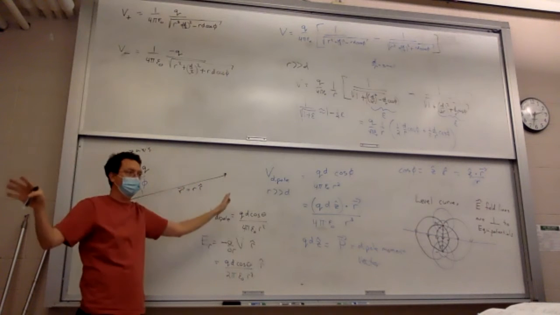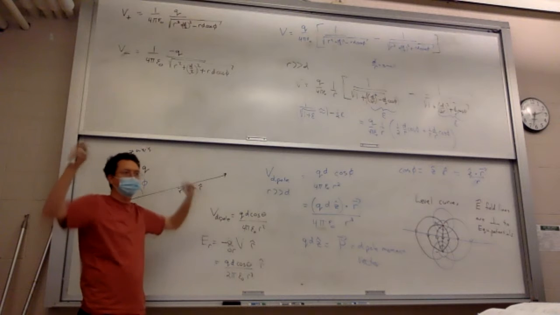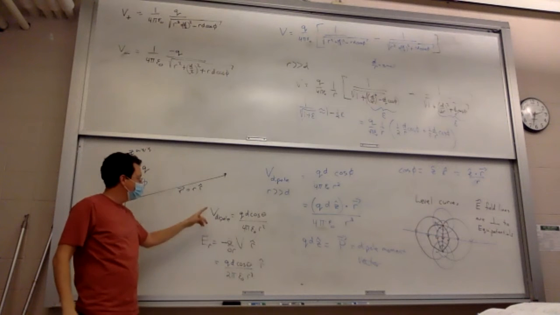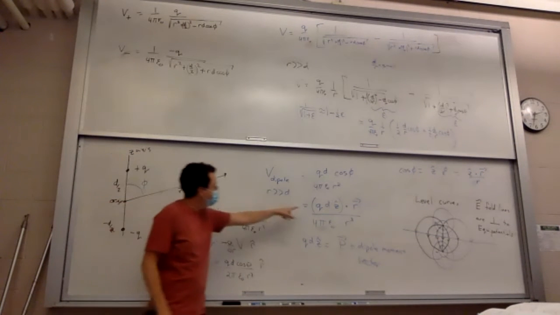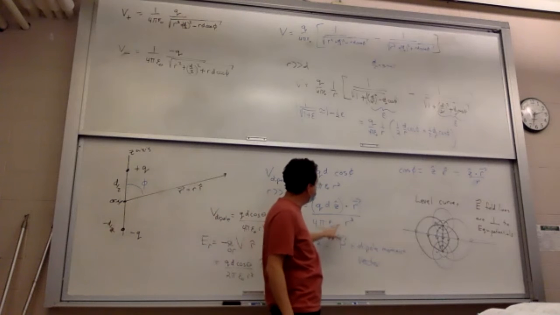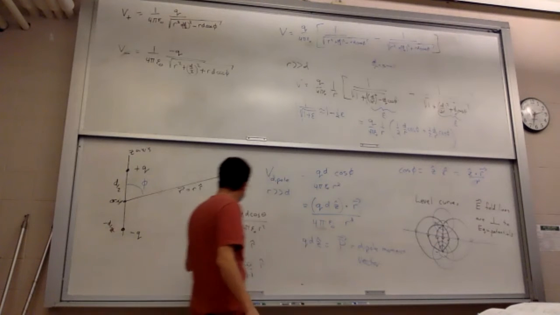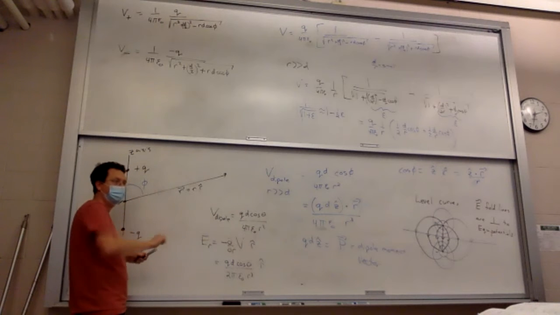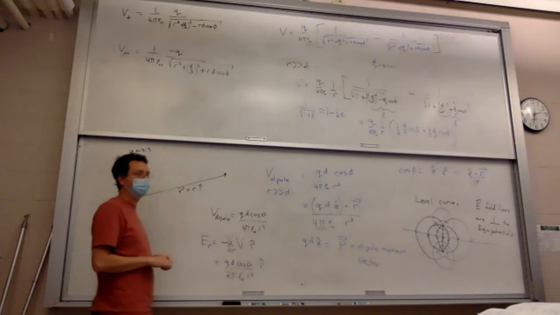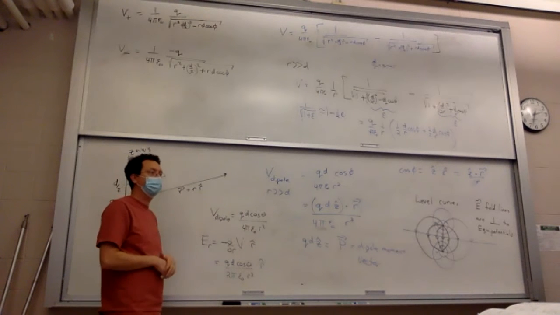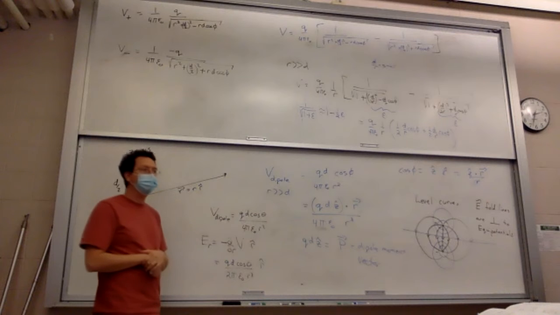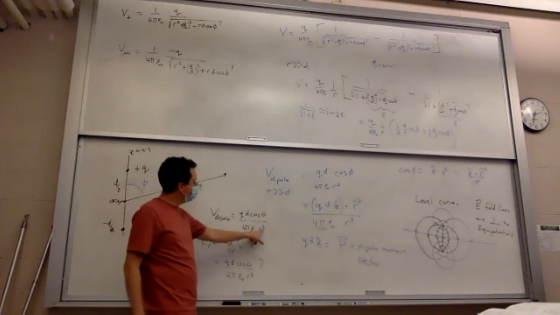I didn't do random points because it was too gross to do all the vector stuff. It's actually easier to work out this. I know it looks complicated, but this is easier for an arbitrary point. I haven't made any assumptions, and then you just take the gradient to get the electric field at an arbitrary point. Is it 4 pi or 2 pi? When you take the derivative, you get a 2.